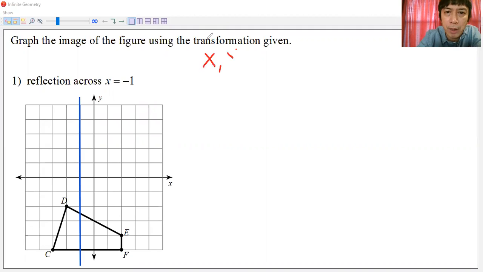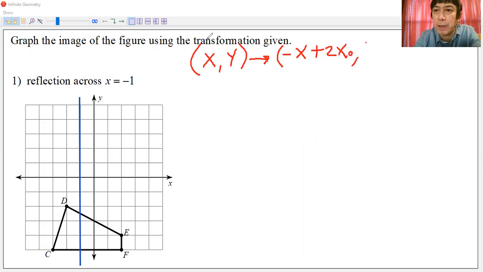(x, y) only the x values will change when you have your line of reflection, a vertical line, okay? A vertical line. And that's the blue line on screen. So the formula for this, since the x values will change in computation, that's -x plus 2 times x of 0, and the y after the comma remains constant there.